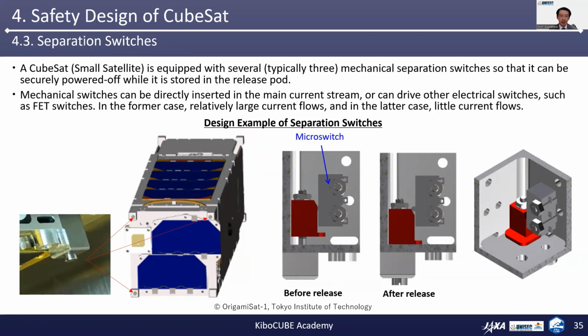The mechanical switches can be directly inserted in the main current stream or can drive other electrical switches, such as FET switches. In the former case, the relatively large current flows through the switches, and in the latter case, little current flows through the switches. So this figure illustrates that in the stored configuration before the release, the switch is pushed down by a pin, and pins are located at corners inside the rails.